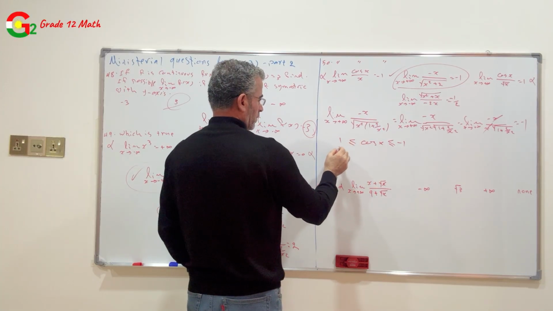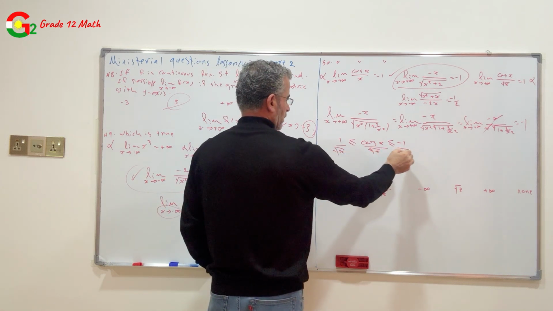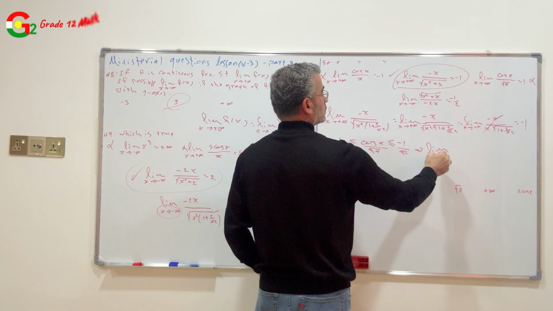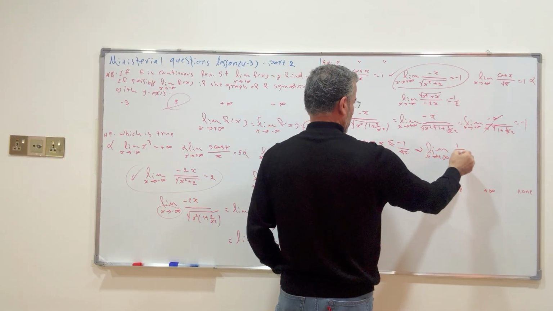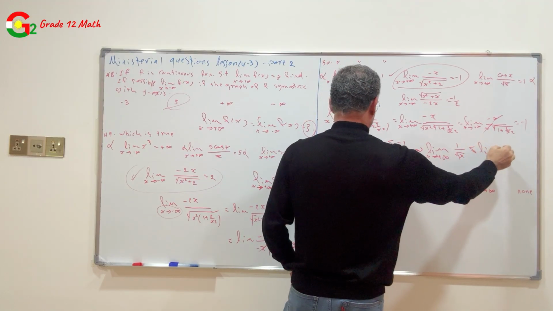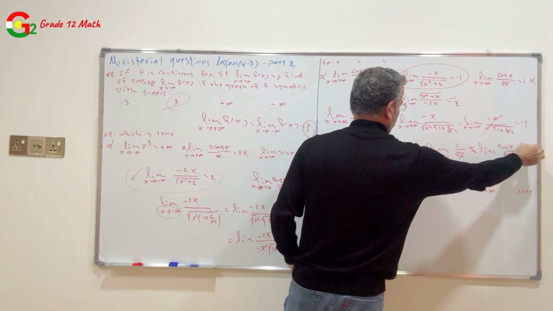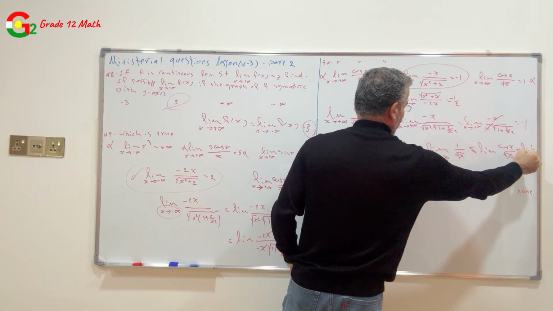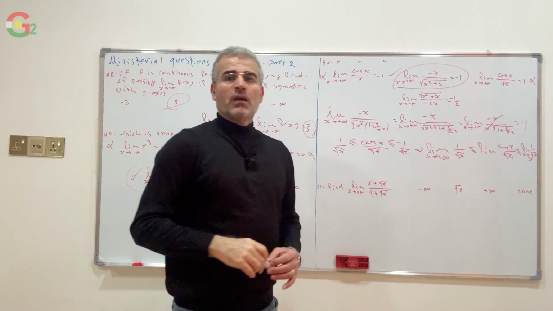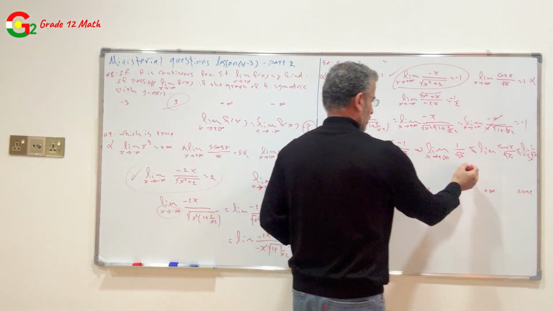If we divide all sides by square root x and take the limit for all sides when x approaches positive infinity, then the result is the limit of cosine x over square root x less than or equal to the limit of 1 over square root x when x approaches positive infinity. 1 over square root infinity equals 1 over infinity. 1 over infinity is 0.